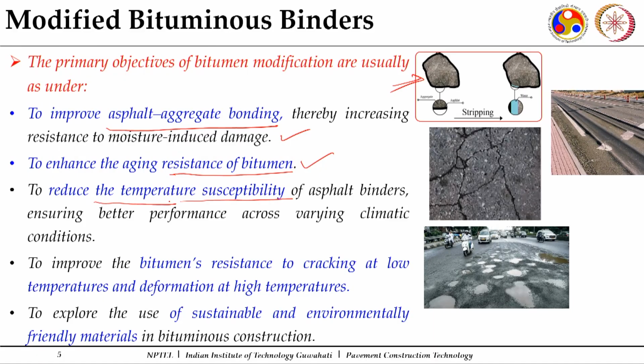So, the rate of change of consistency with temperature should be low. I prefer that the modification doesn't make the binder very stiff at lower temperatures and very soft at higher temperatures. This kind of modification which reduces temperature susceptibility will always be preferred.